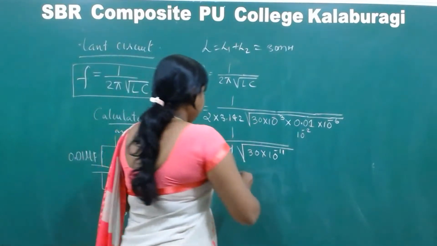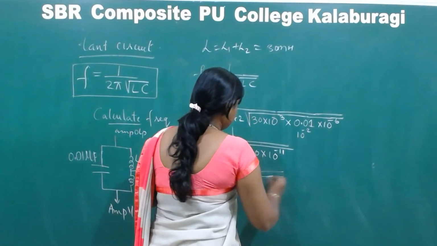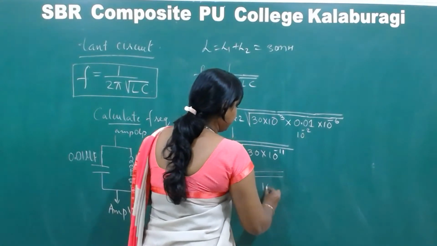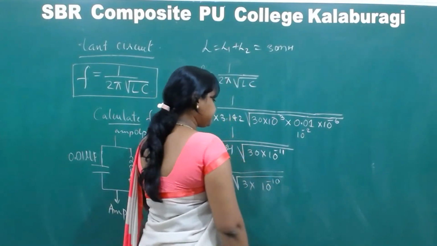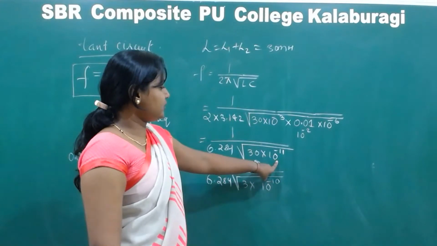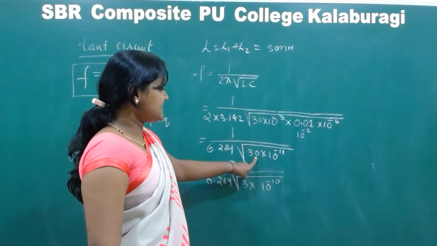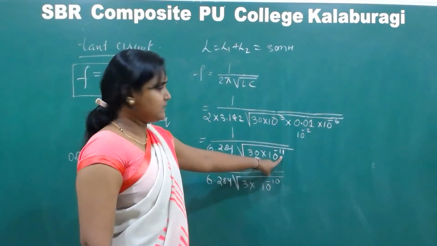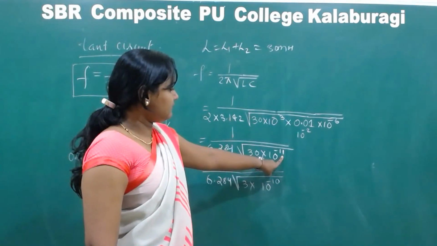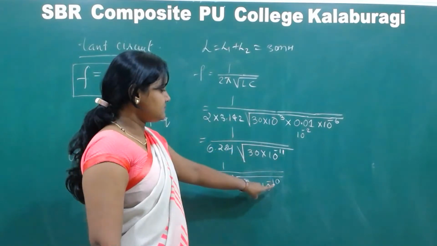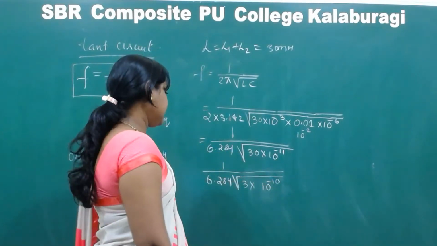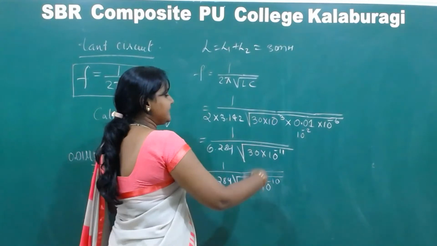So this value can be given as root of 3 into 10 to the power of minus 10, isn't it? Into 10 we are going to do, so this is 10 to the power of 1, which means 10 only. 11 minus 1 means 10 to the power of minus 10 is what we are left with.